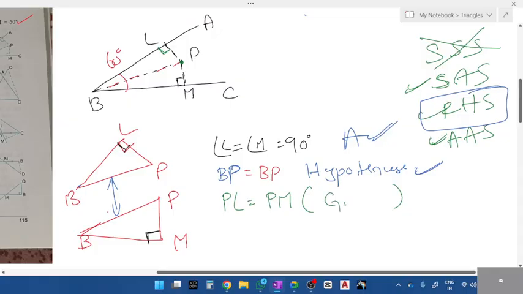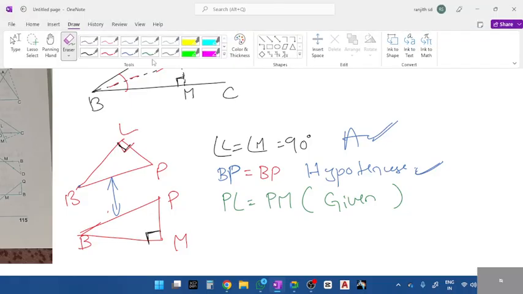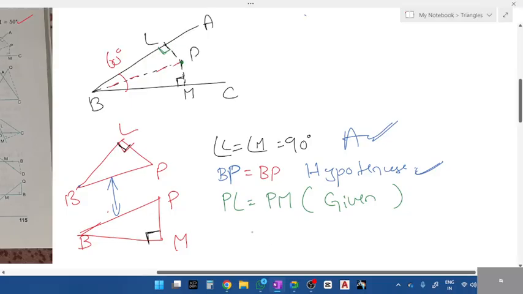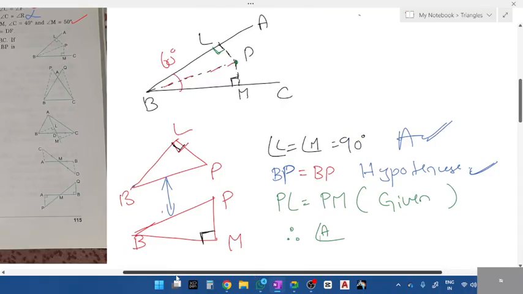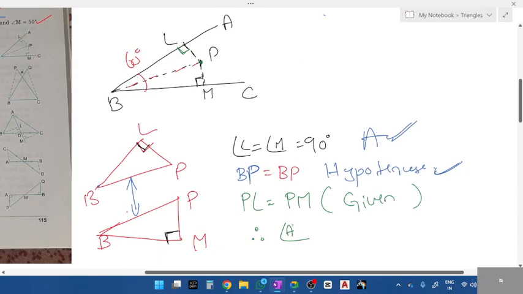Given. So you have to write it as given. Whenever anything is given in the question, you have to write it like this. Fine. So this is congruent under which criterion? RHS. Therefore, what are the two triangles we have split, students?